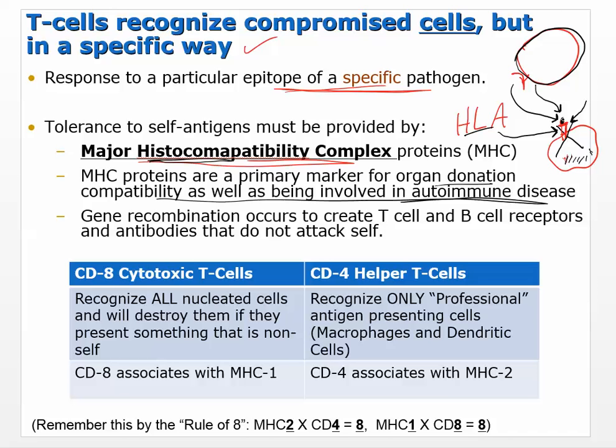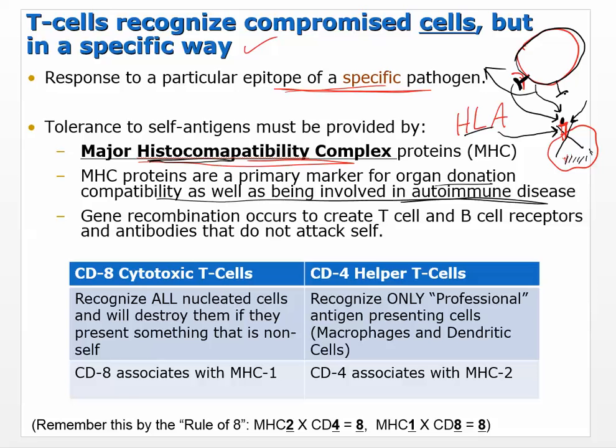Did that come from a pathogen, or was it just a regular protein? If it was just a regular protein that the body already makes, it ignores it and moves on. If it's something from outside, non-self, then these receptors change form.